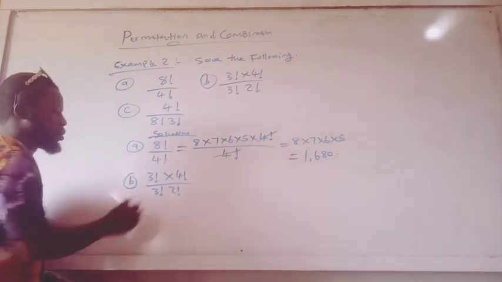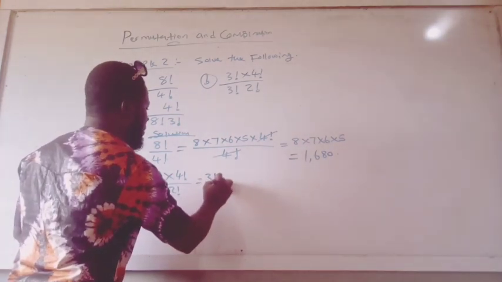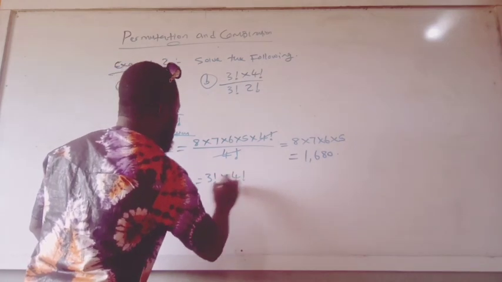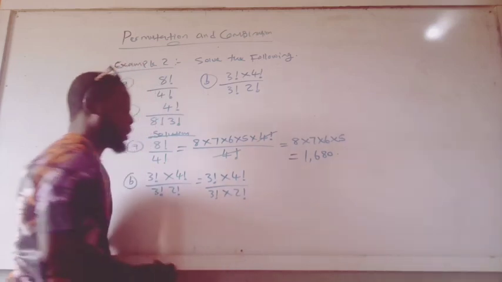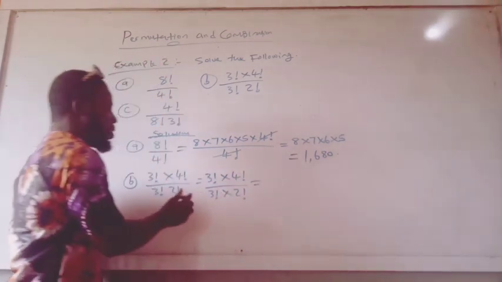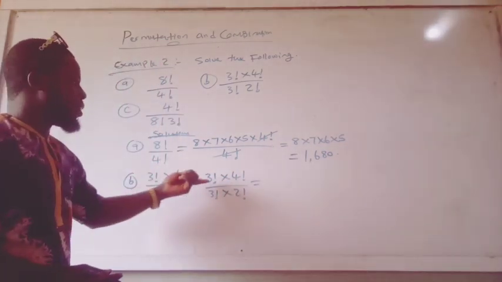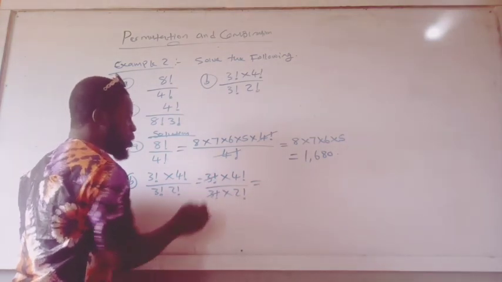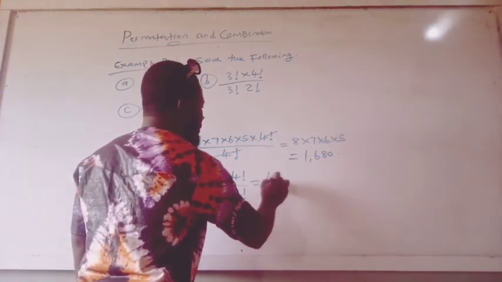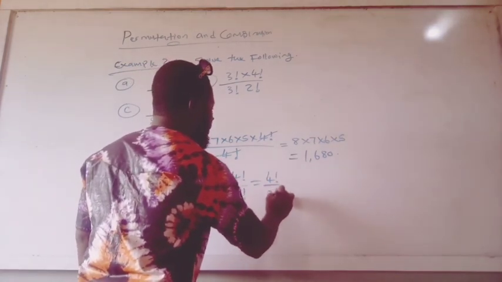So what are you going to do? I'll first change it to 3 factorial times 4 factorial over 3 factorial times 2 factorial. Then, in this case, we have 3 factorial both up and down. So I can cancel this and this. So I can have 4 factorial over 2 factorial.